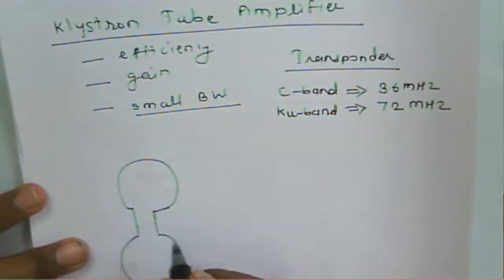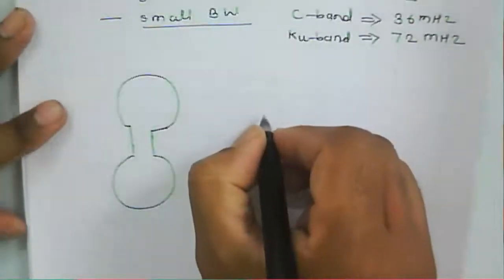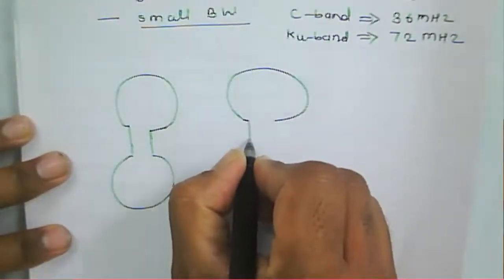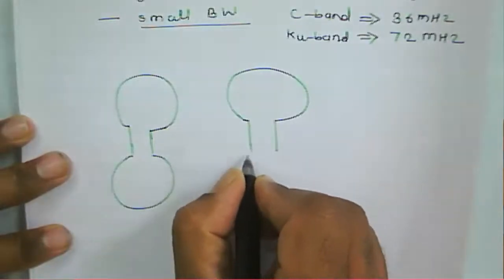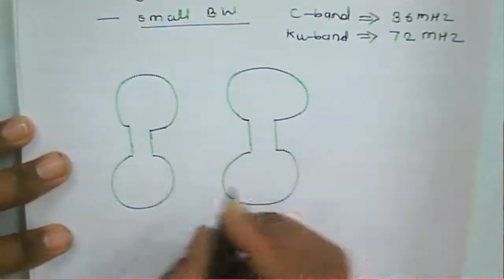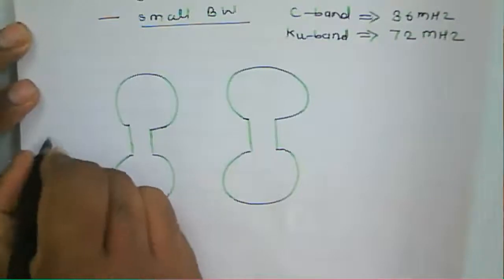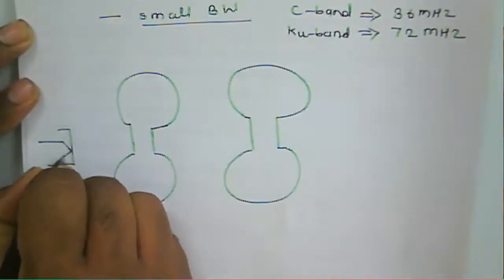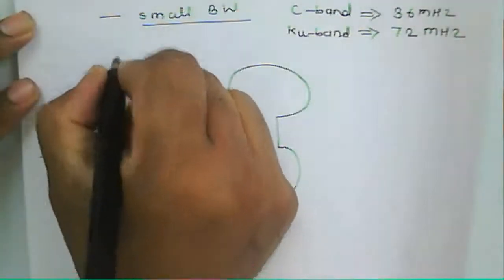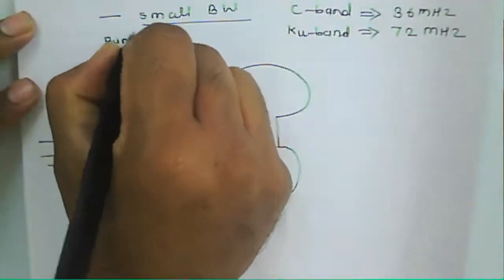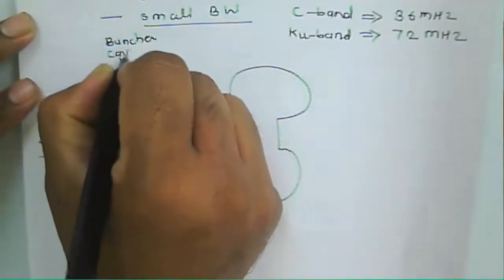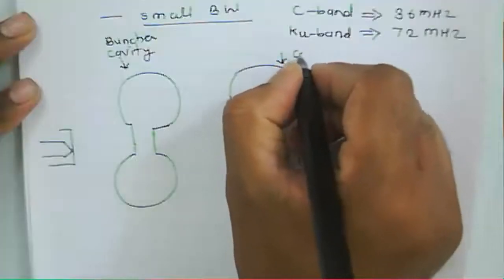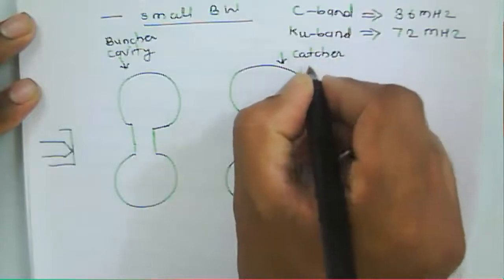So this is the Klystron tube here. I'm just going to draw it here. I hope you are able to understand what I am saying. This one cavity is called the buncher cavity, and this one is the catcher cavity.